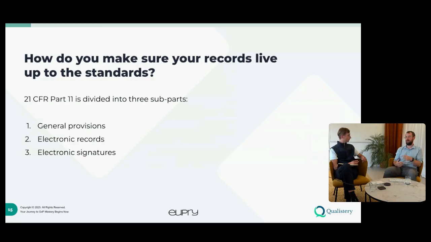So Part 11 distinguishes between electronic records and electronic signatures. The reasoning behind that is to differentiate between when a person has made a signature following an action in a system, and when we're just talking about electronic records.